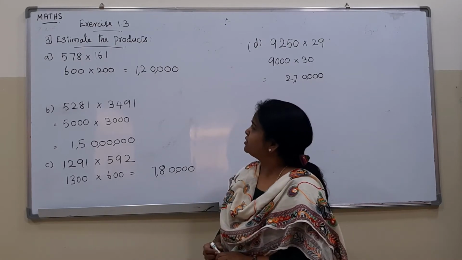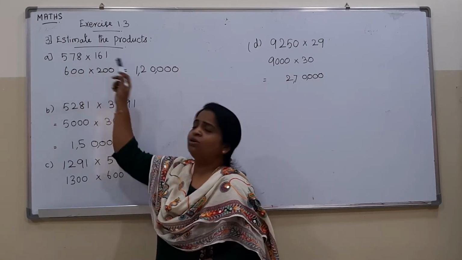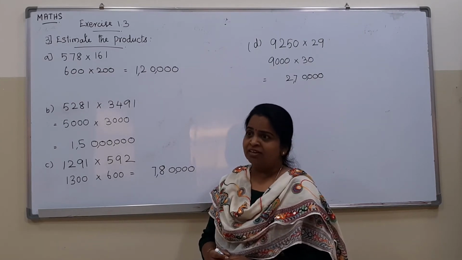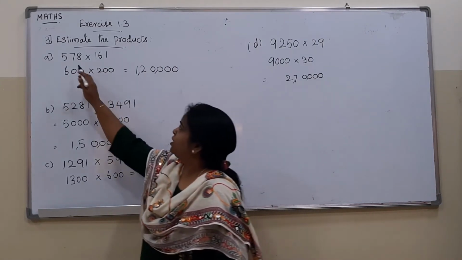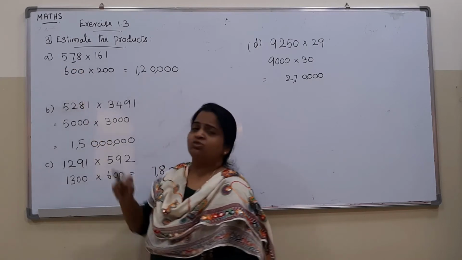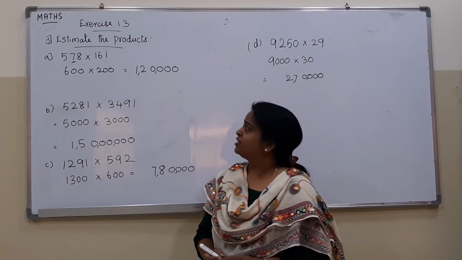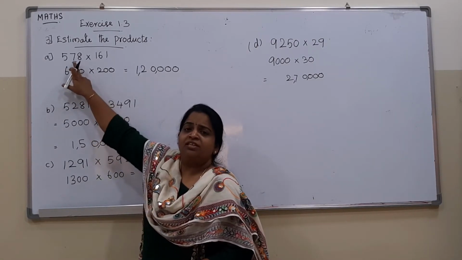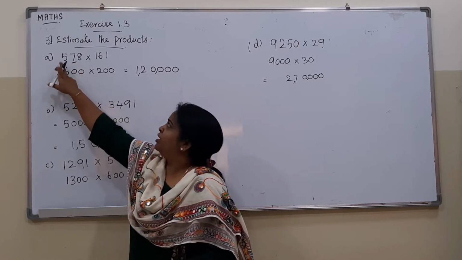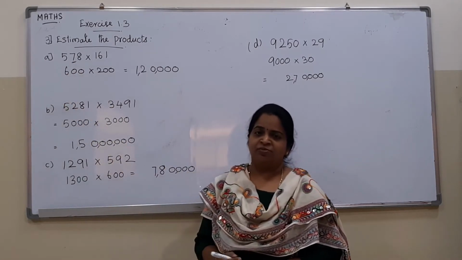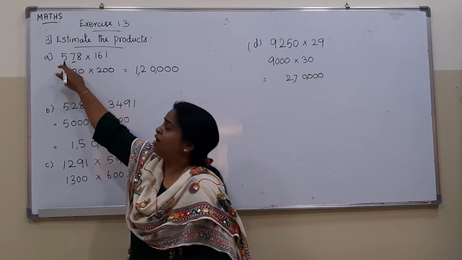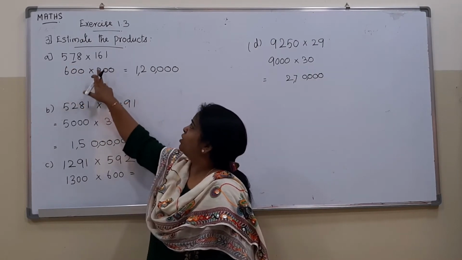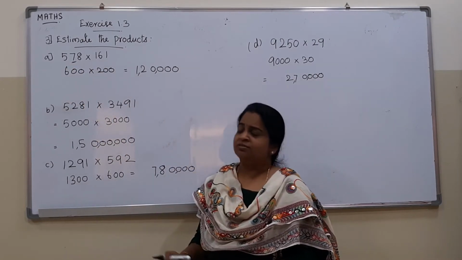Okay. Here see the sum 578 into 161. Here I have rounded this one nearest to 100. So it is 7 in the tens place. So I made it as a 600. So I made nearest to 100. Here 161 I made to 200.